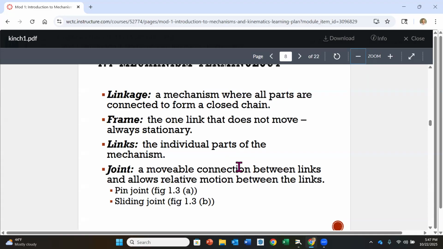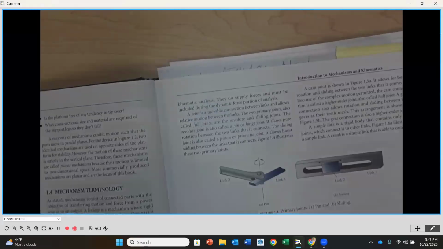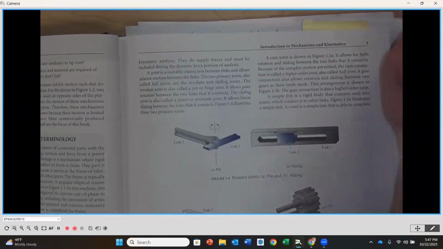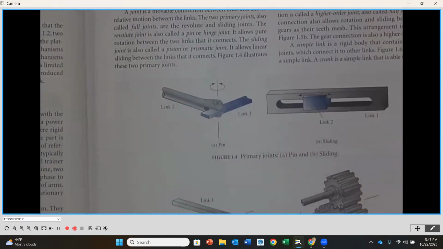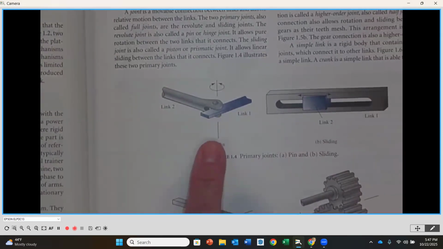Now, the two main types of joints that we're going to be seeing are going to be pin joints and sliding joints. If we look at figure 1.4, not 1.3, 1.4 on page 3, we're going to notice that we have an example of each one of these. On the left-hand side, this is a pin connection.